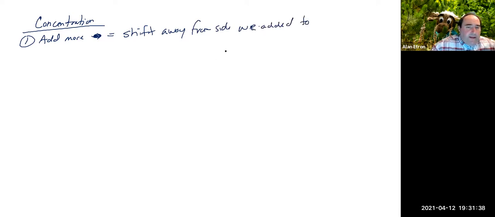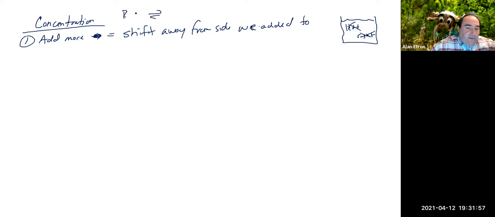So when we talk about adding more to one side or the other, in reality, if we have all this stuff in a beaker or a test tube, whatever it may be, there's really no left side or right side. There's really not. But what we're talking about is the actual equation.